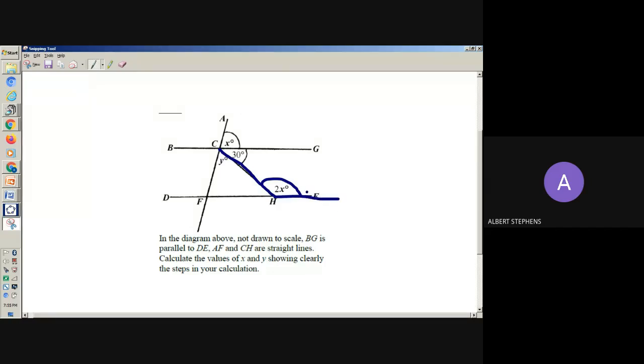If you look at where x is and where 30 is, this is the shape that we're working with. And this shape here is not a straight line. So that's the logic behind why you couldn't say that.